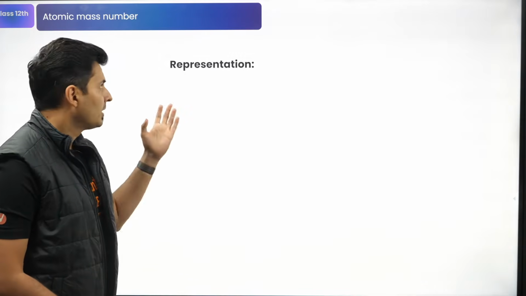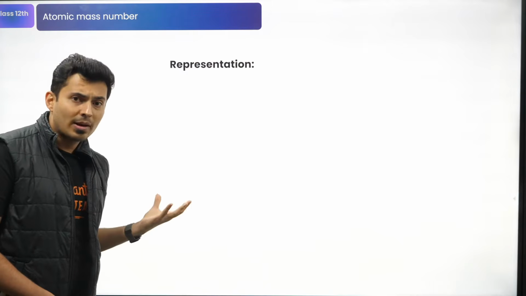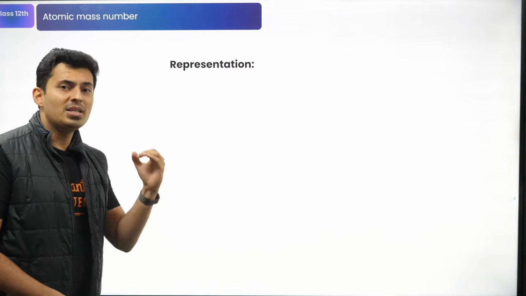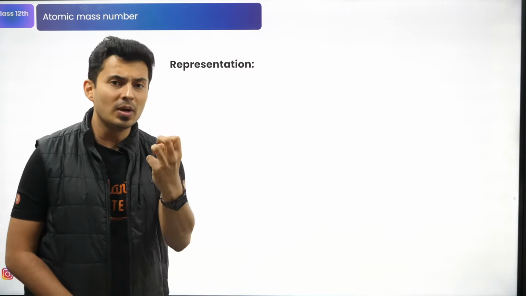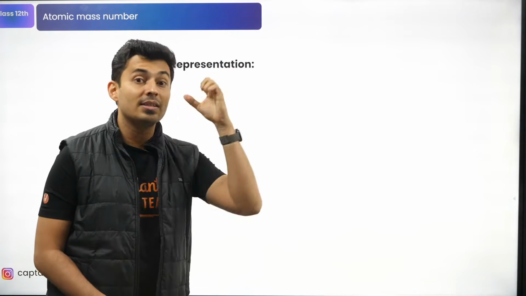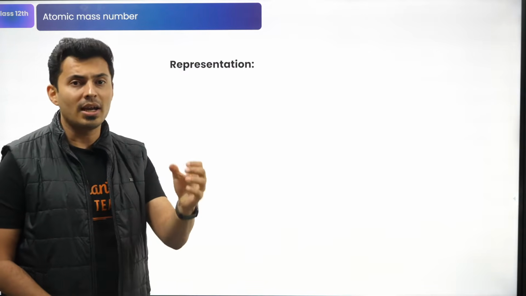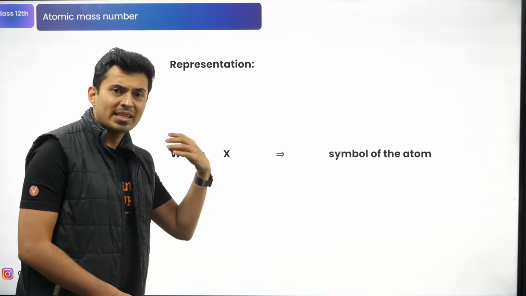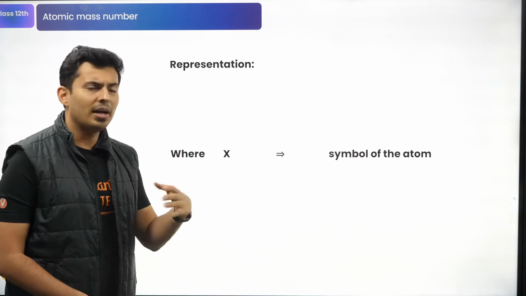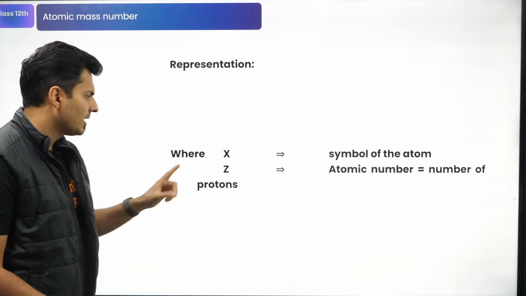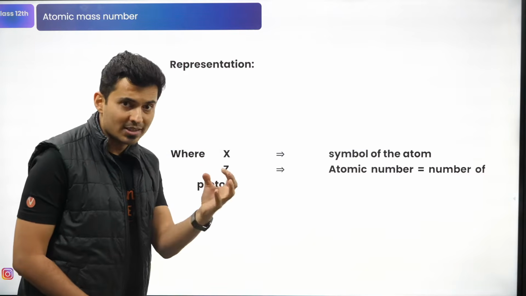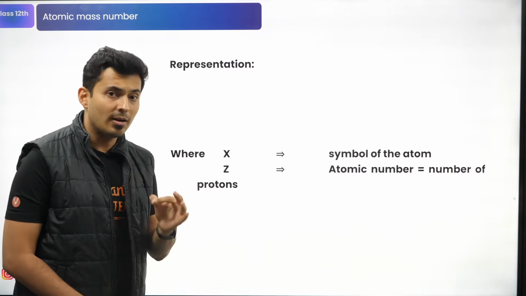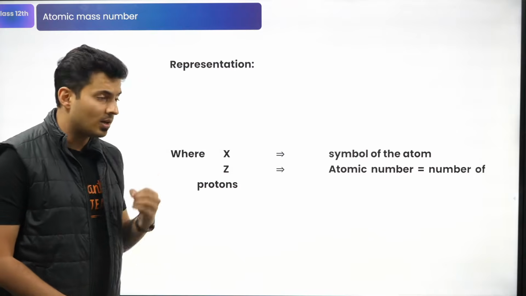Going ahead, the way in which you represent any element depends on what is there inside the nucleus. The nucleus decides the chemical properties of any element. So, talking about X, X is basically the symbol of the atom. It could be hydrogen, helium, oxygen, whatever it is. Z is the number of protons, which is also called the atomic number, which also decides the chemical properties.